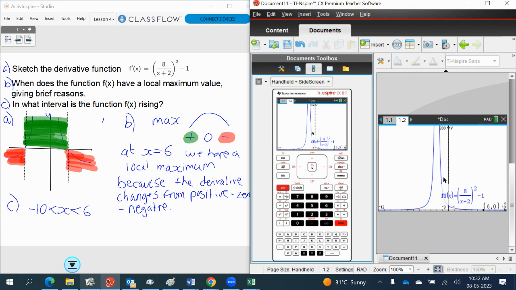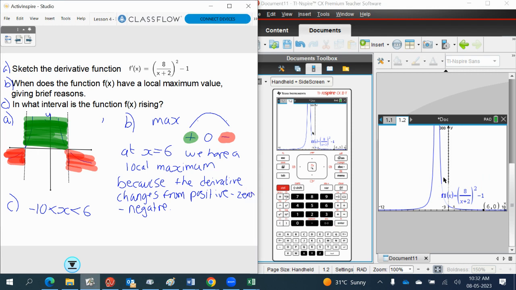So there is no value at that asymptote. Where is the asymptote? The asymptote will create a divide by 0, because we can't divide by 0. What value of x will create a divide by 0? Negative 2. So it's reaching there forever, but it's never actually going to be there.